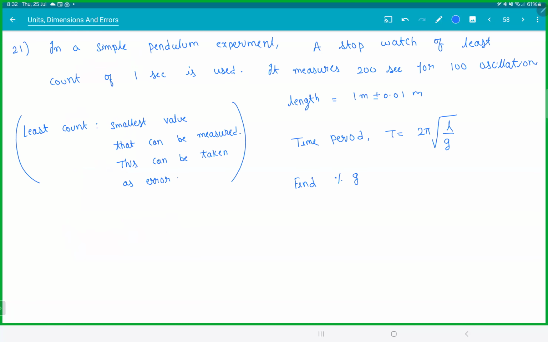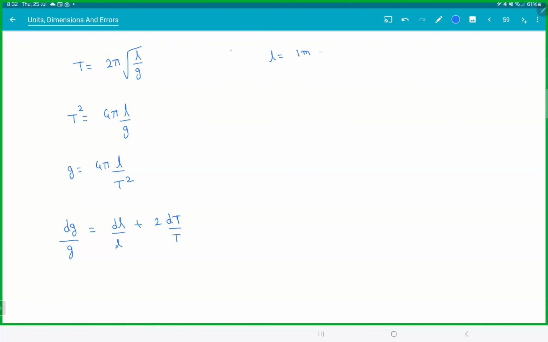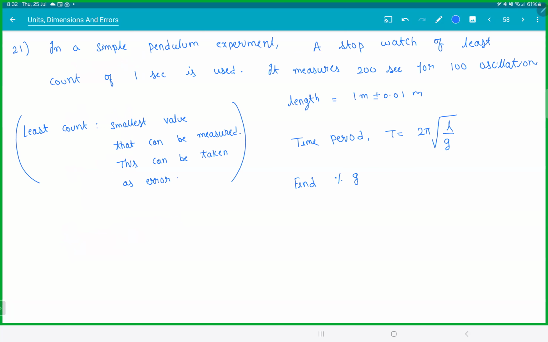L is given. It should be 4 pi square, right? That doesn't matter anyway, luckily. But 4 pi square. Now, what is the error in this thing?